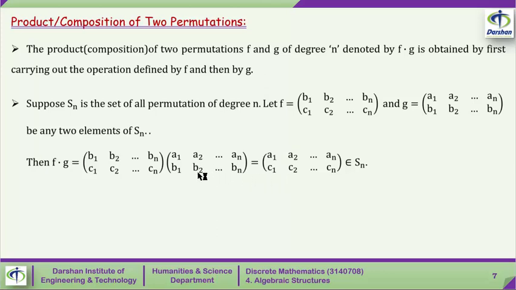Now a2 goes to b2, then b2 goes to c2. So in composition we write a2 goes to c2 via b2 and so on. An goes to bn and bn goes to cn. So finally an goes to cn. So this is also an element of Sn. That's why we define permutation first.